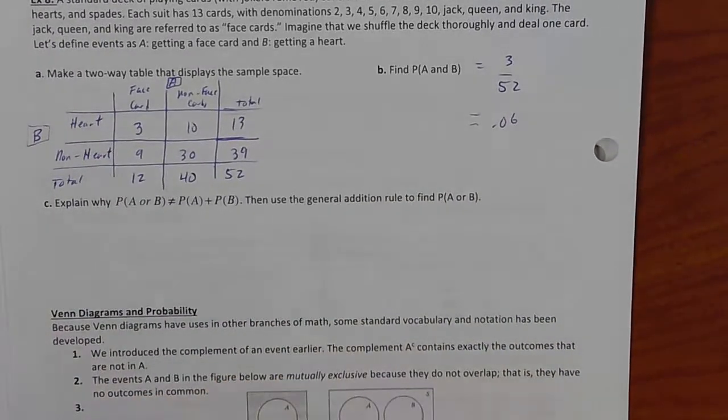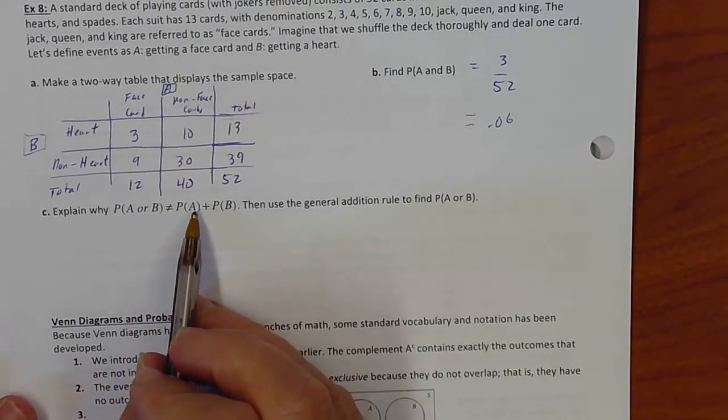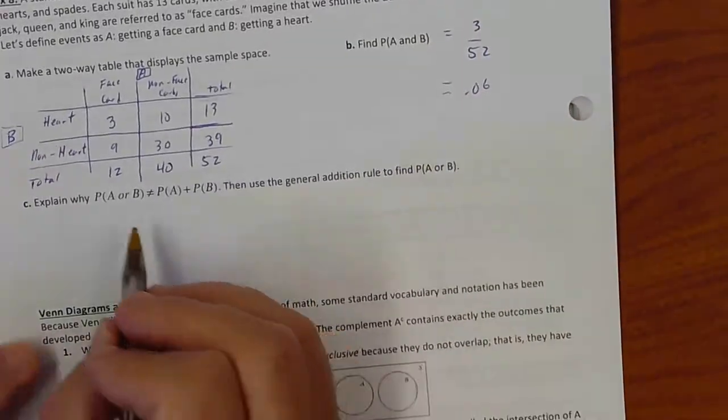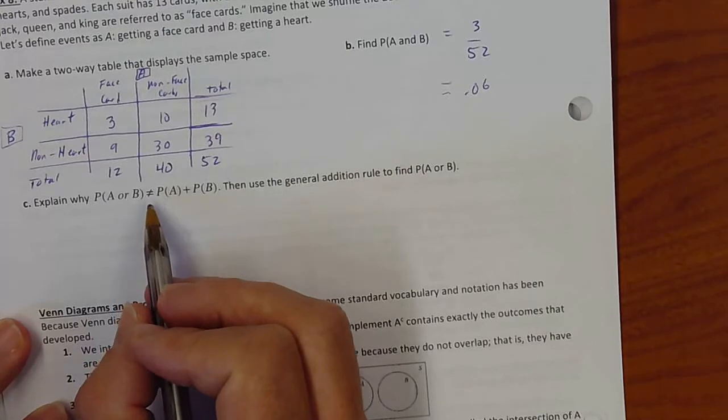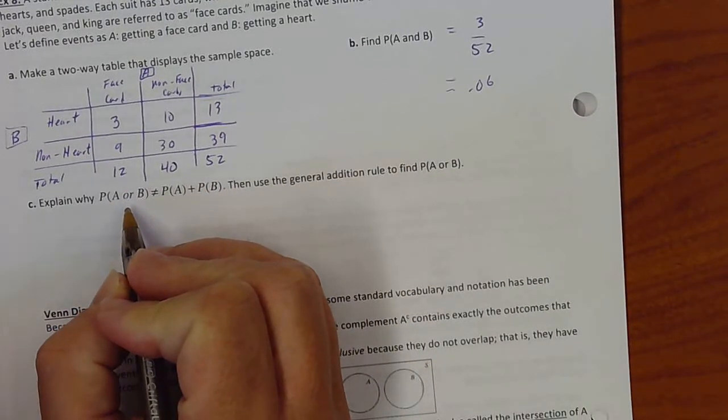Okay, part C. Explain why probability of A or B is not equal to the probability of A plus B. Okay, so why is it not equal? Why can I not just add them together? Well, if I add those together, they're not going to be mutually exclusive.